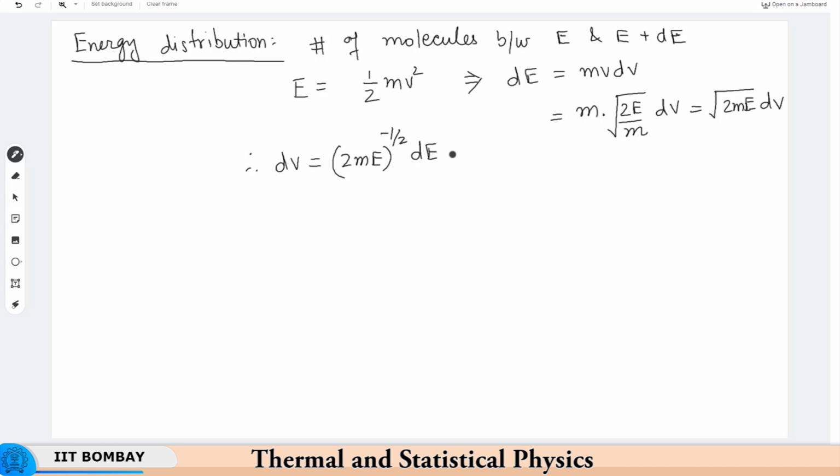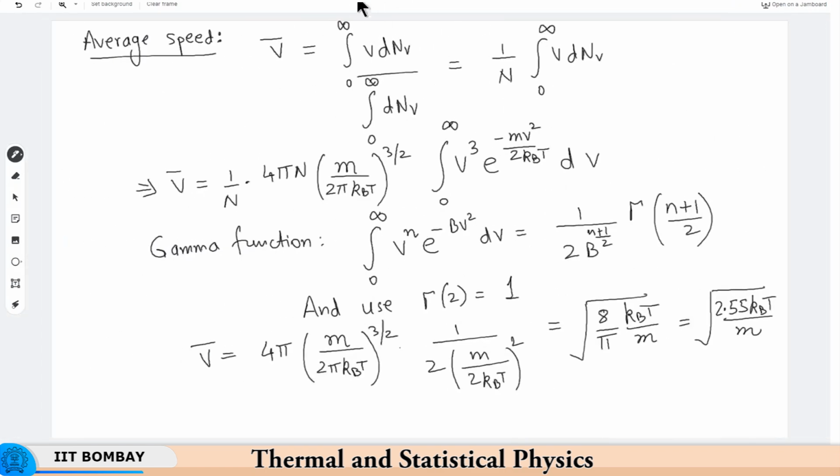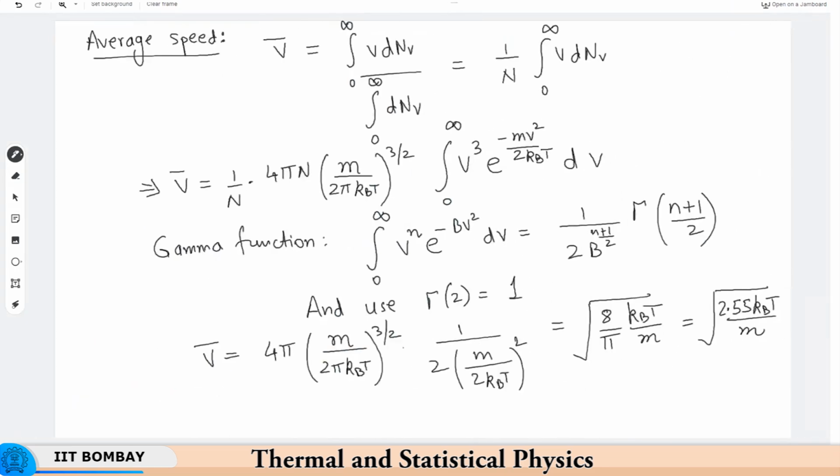So we have calculated the differential of velocity in terms of the differential of energy, and all we have to do is substitute this dV into the Maxwell distribution.